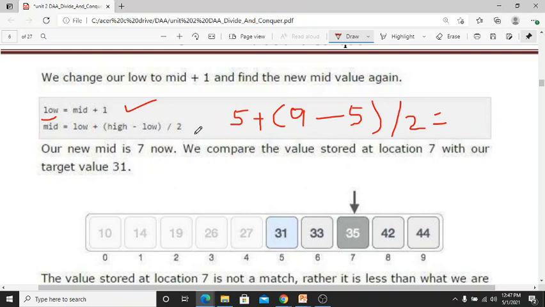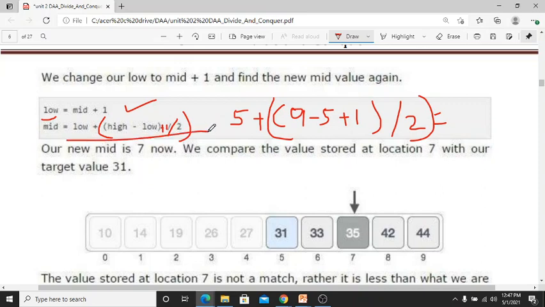If we do not get it, then what we need to do is minus 5 plus 1, whole this is low plus high, one more bracket should be there, high minus low plus 1, divided by 2. So this will be a little bit complicated.